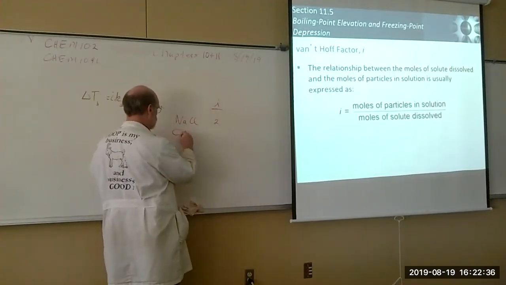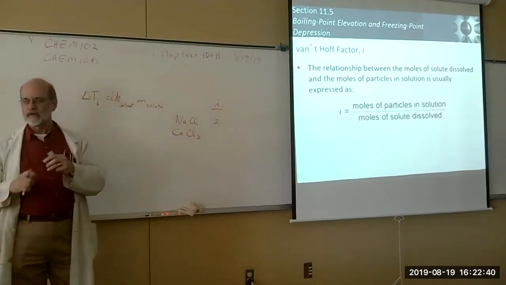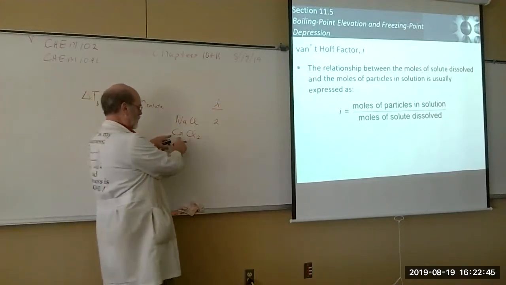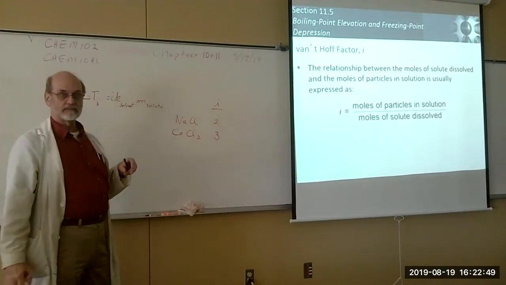What if we used calcium chloride? What would the Van 't Hoff factor be? And this is ideal. You know, there are some deviations. 1, 2, 3. Okay.